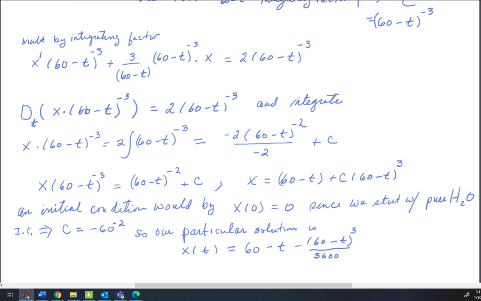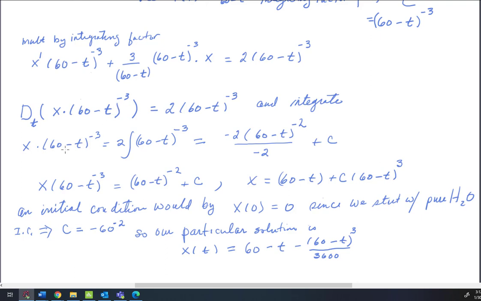That is the case. So if I integrate left and right-hand side, of course this is going to be a differential d of x times 60 minus t to the negative 3.